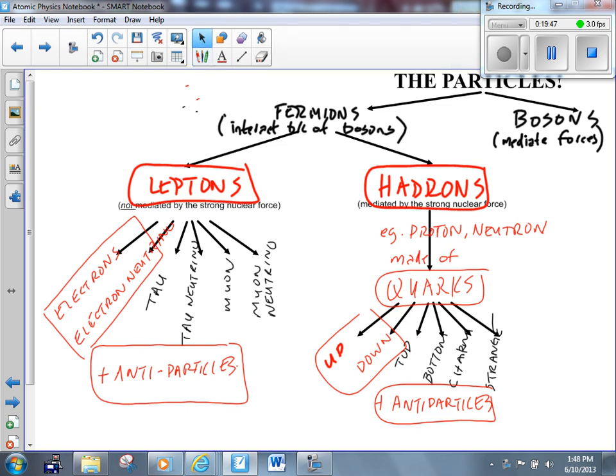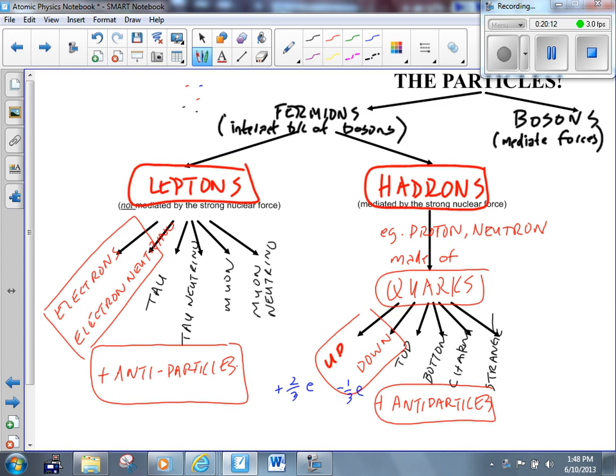Now, the charge on an up quark, and this is on your data sheet, so you don't need to memorize this, is plus 2/3 of the elementary charge. The charge on the down quark is negative 1/3 of the elementary charge. And of course, the charge on the anti-up would be negative 2/3, and the anti-down would be positive 1/3.